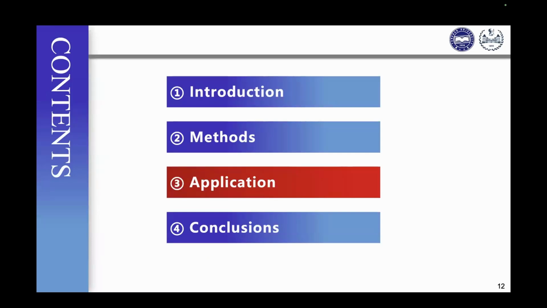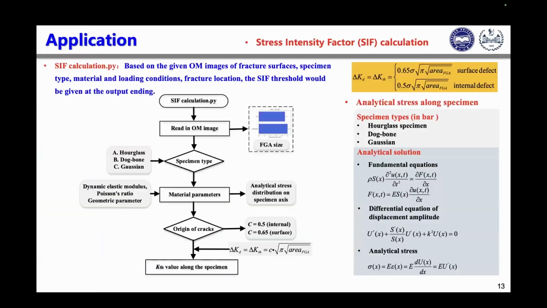And that's the practical application of the safe calculation I mentioned in the introduction part. As shown in the equation, FGA size and the stress are the two key parameters for this safe threshold.